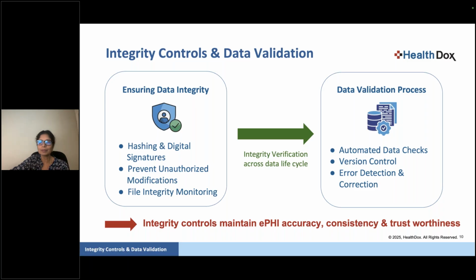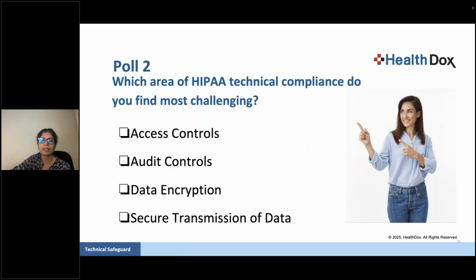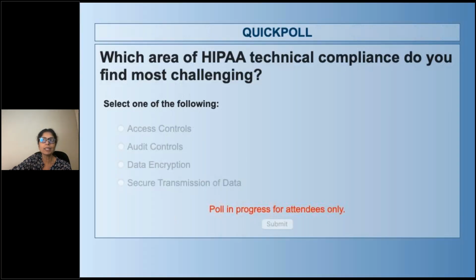So next, let's go through the next poll. Let me launch. Okay, which area of HIPAA technical compliance do you find most challenging? Is it access controls, audit controls, data encryption, or secure transmission of data? Okay, I see almost everyone voted for audit controls.